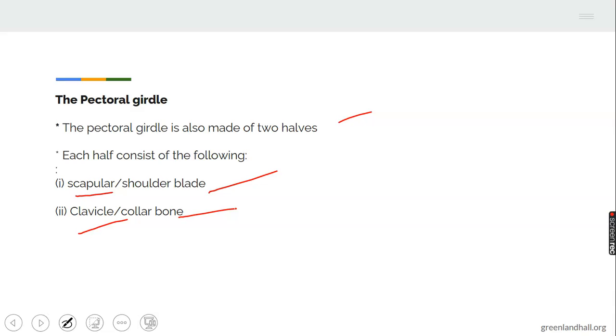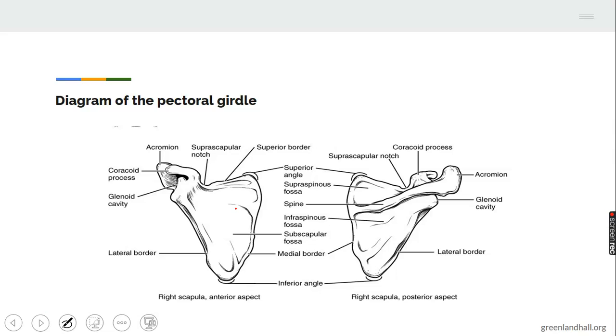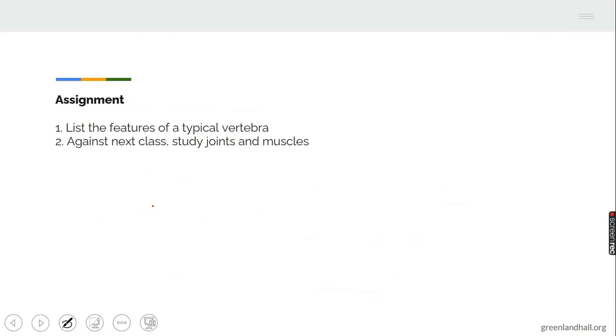Now that is the scapula. That is where it makes the joint with the humerus, called the glenoid cavity, to form the ball and socket joint.